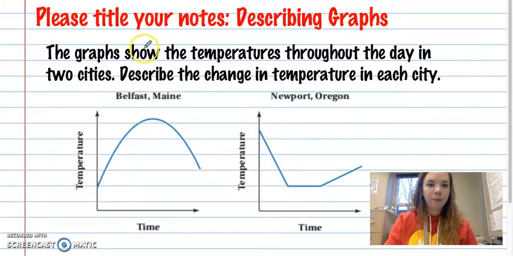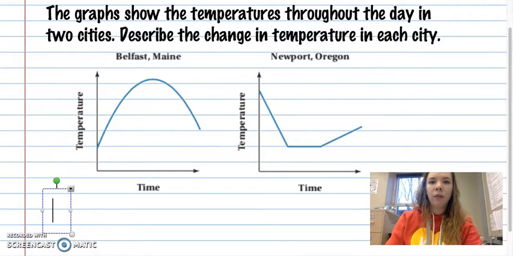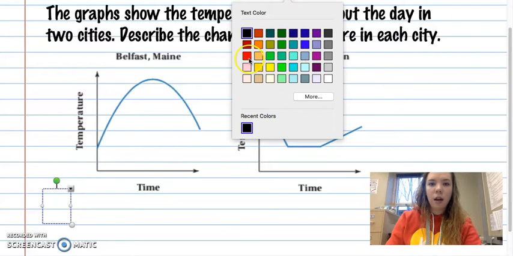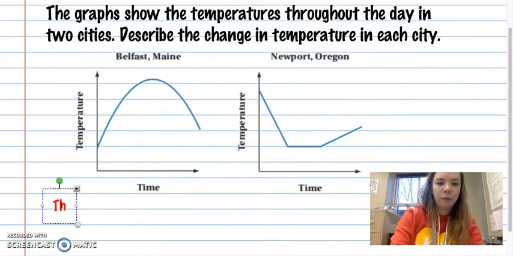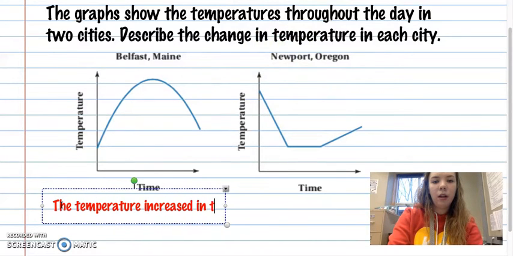is telling us. So here in Belfast, Maine, it looks like our temperature is increasing because it has a positive slope and then decreasing. So let's say that the temperature increased in the morning.